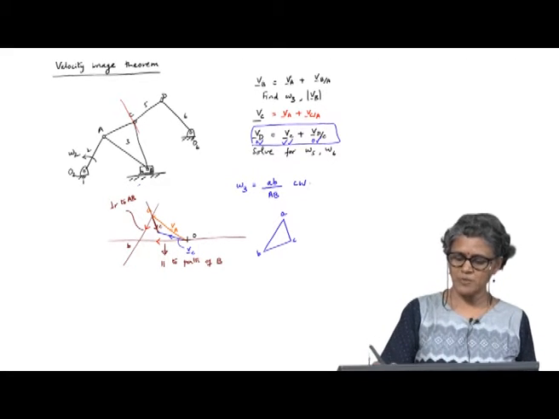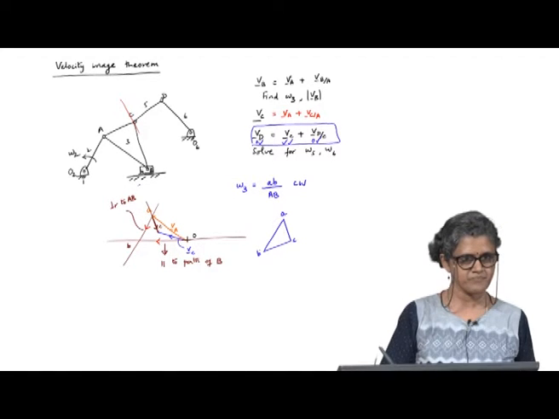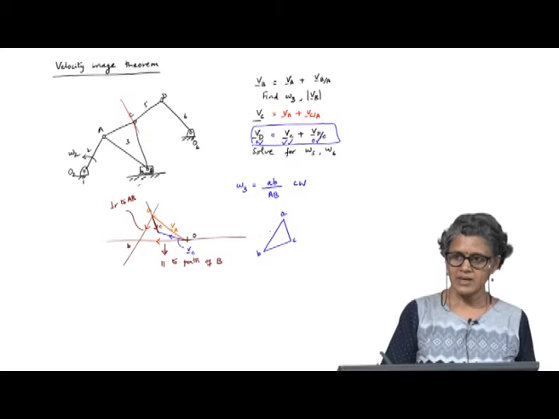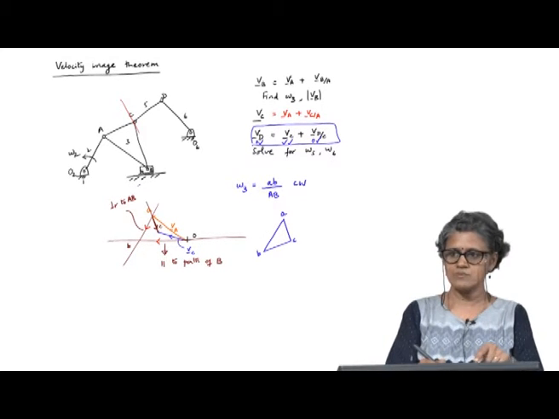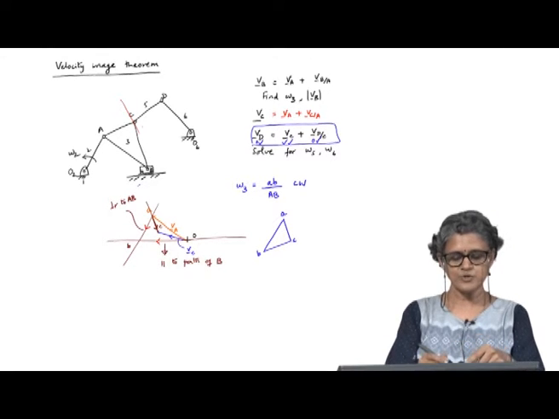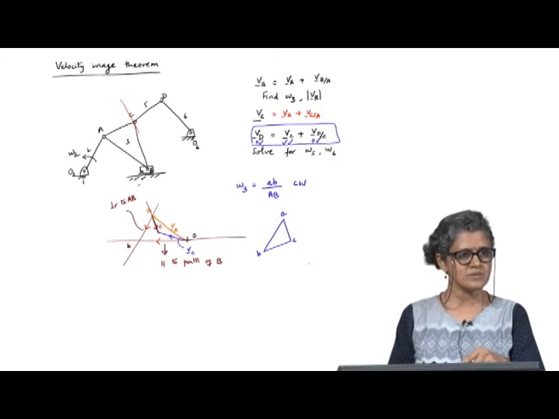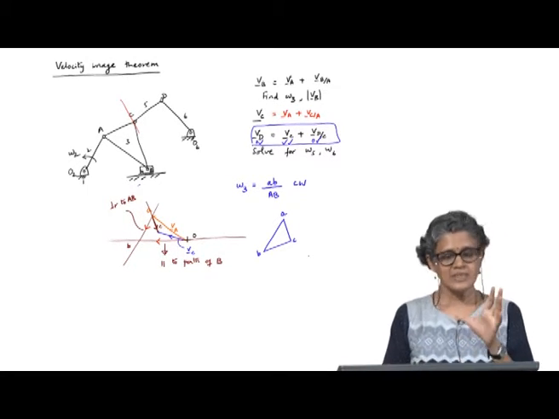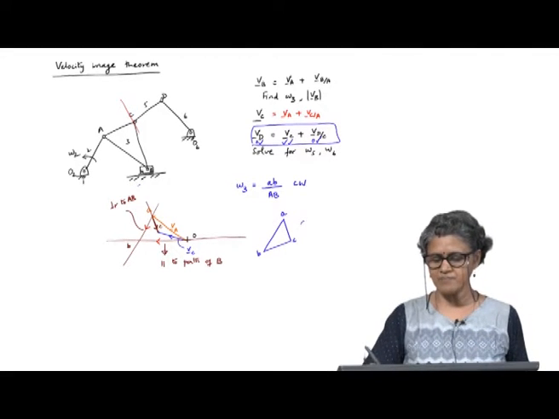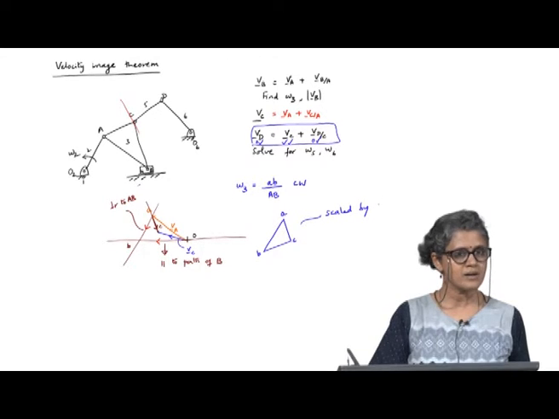So, I found omega 3 is clockwise, and if you look at each of the sides of this triangle, AB is proportional to capital AB, AC is proportional to capital AC, and BC is proportional to capital BC, because the whole thing is scaled by what number?